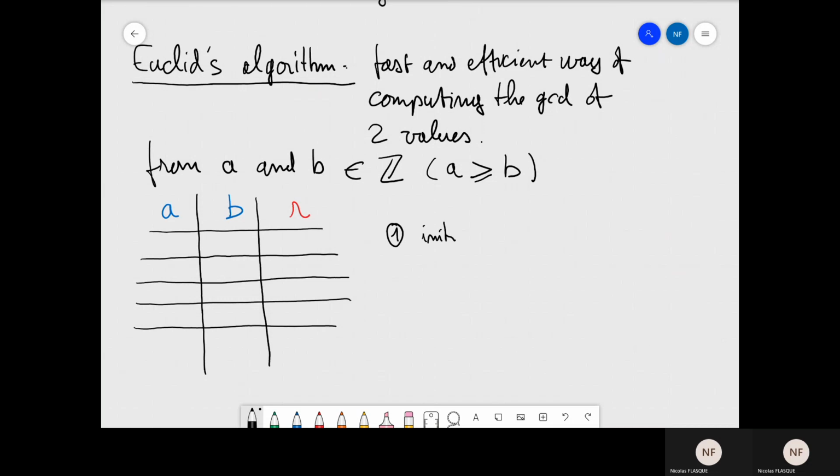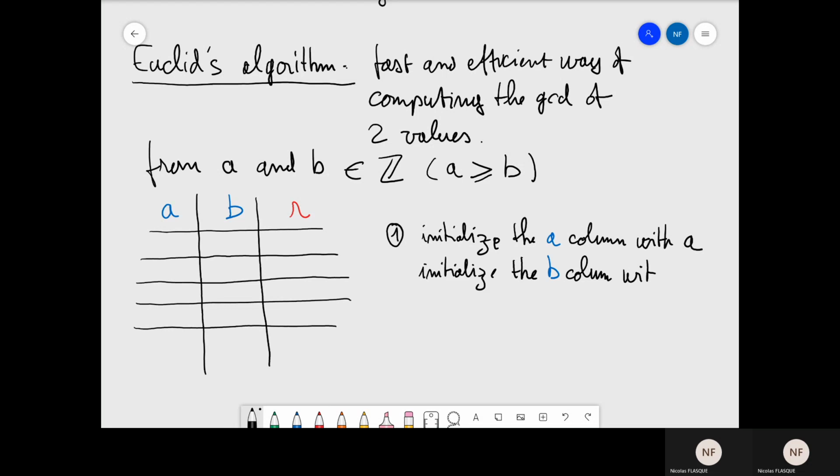One, initialize the A column with the value of A. Then initialize the B column with the value of B. So number A, number B. Then compute R with a Euclidean division.